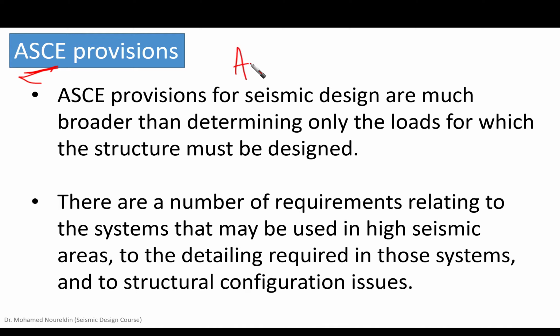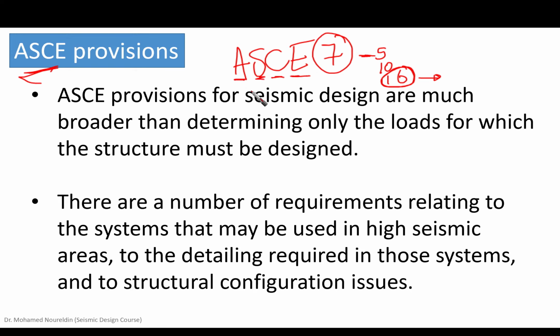So we're talking about ASCE, and there is 7, committee number 7, and then after that there is a dash, which means the edition year, whether it is 5 or 10 or 16. The latest version is 16 till this video. I'm not sure when they are going to issue the new one. And there are a lot of different guidelines.